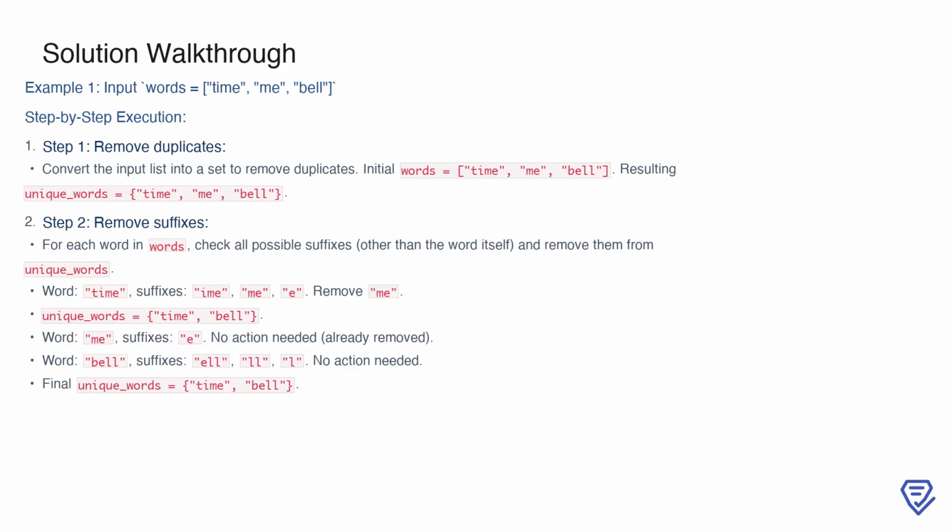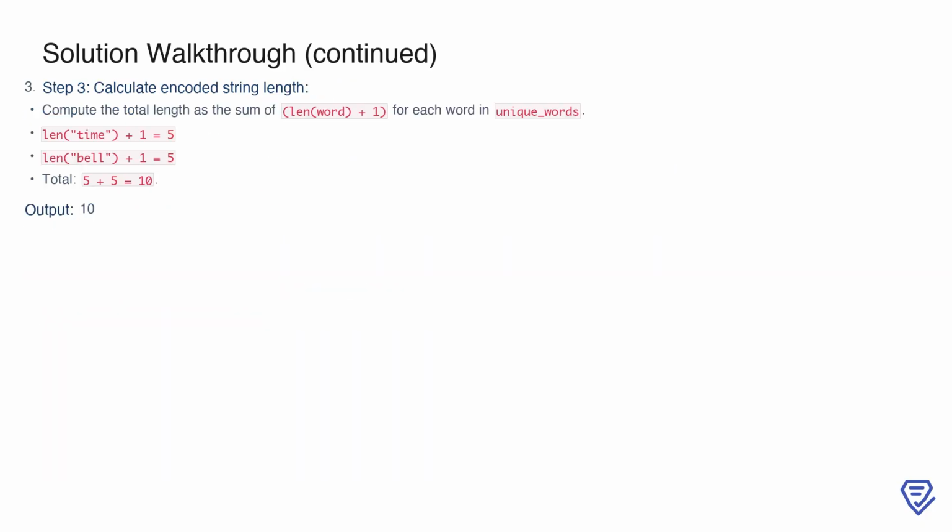For the word me, the only suffix is e, which has no impact as me is already removed. Finally, for the word bell, the suffixes are ell, ll, and l, none of which are in the set, so no action is needed. The result is unique_words equals time, bell. Now that we have the final set of unique words, we calculate the total length of the encoded string.